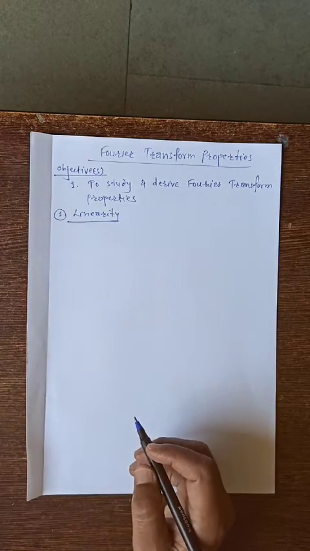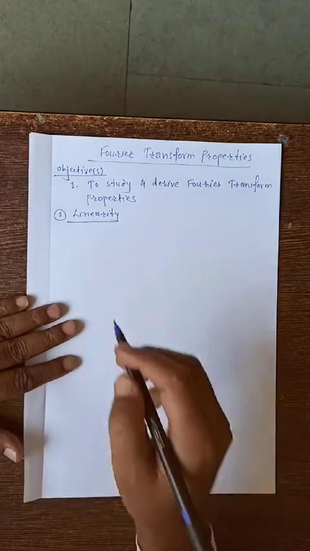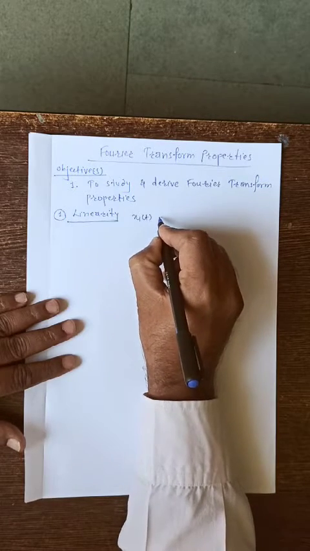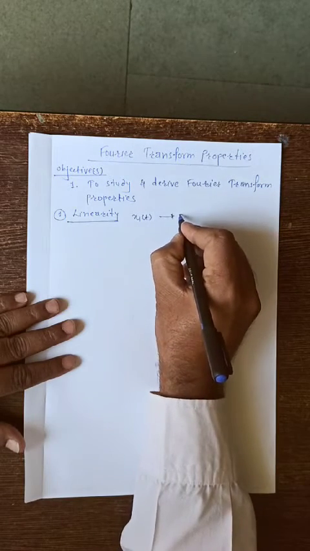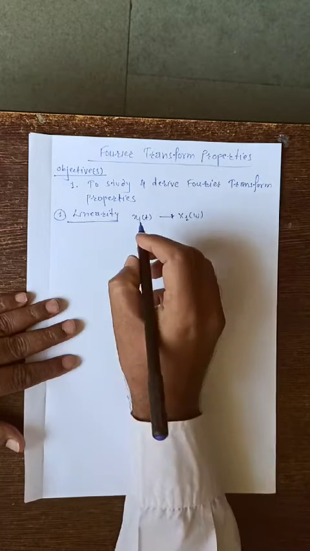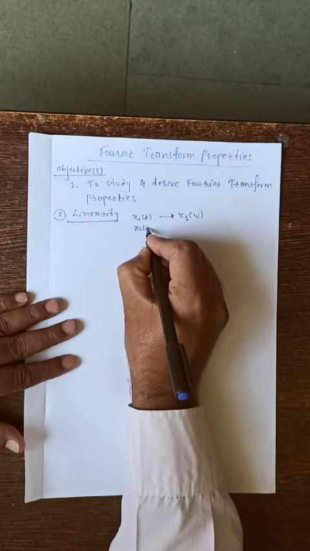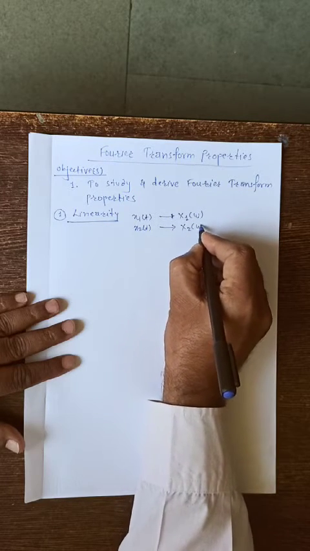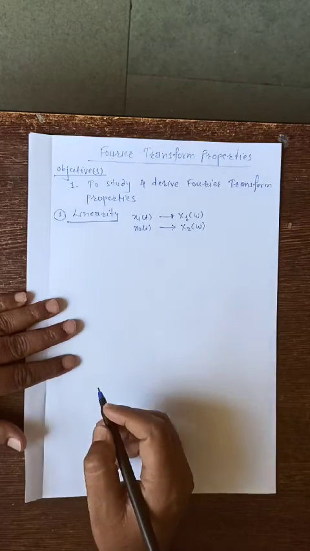The first one is the linearity property. Just see, x1(t) is a signal whose Fourier transform is X1(omega), and x2(t) is another signal whose Fourier transform is X2(omega).